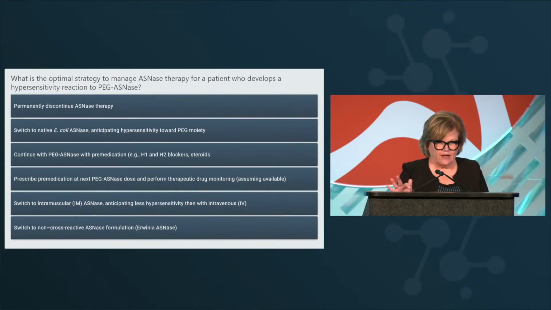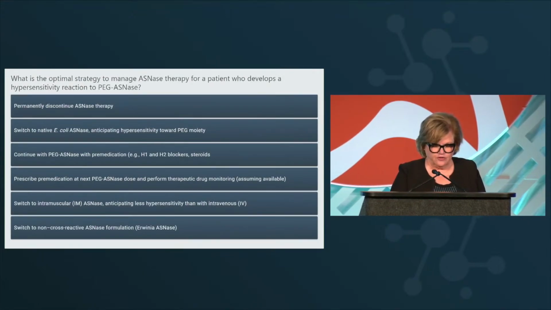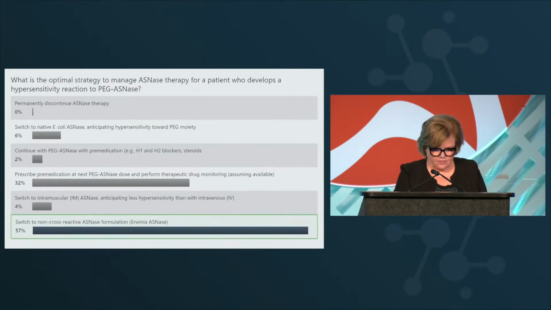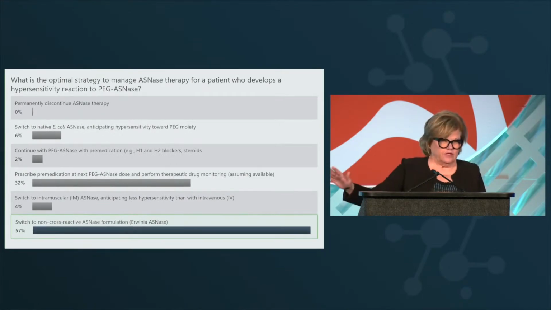You can now use your iPad to discern how you would treat this patient moving forward who has a hypersensitivity reaction to their PEG asparaginase. Okay, so we all got that component.